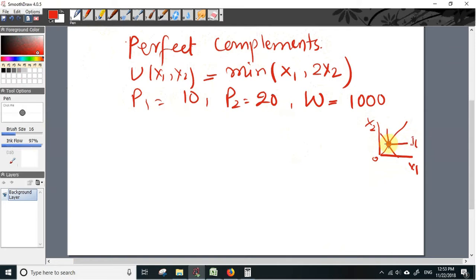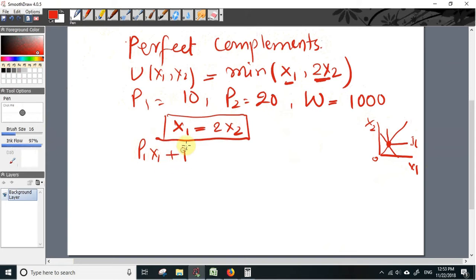We utilize the fact that at this corner point x1 equals 2x2, and we substitute this in the budget constraint, which is p1x1 plus p2x2 equals total wealth.